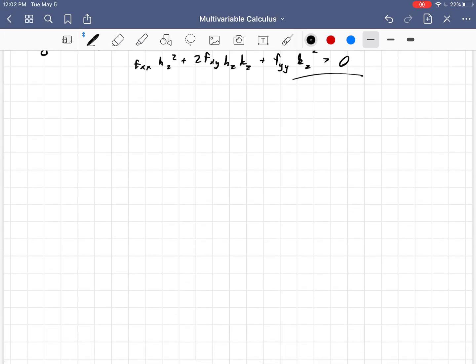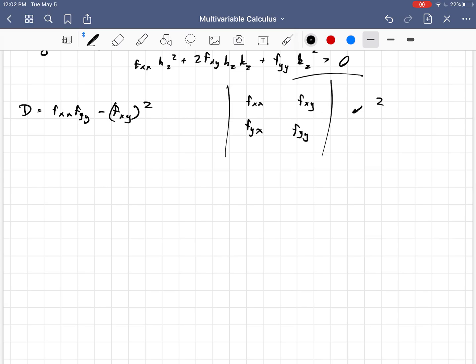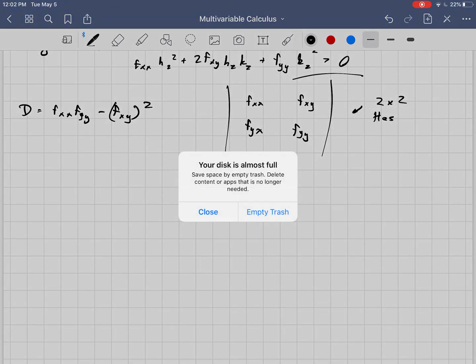this D here, which, if you recall, is f sub xx, f sub yy minus f sub xy squared. It looks like a determinant, right? It's the determinant of the matrix f sub xx, f sub yx, f sub xy, and f sub yy, which is just a 2x2 Hessian matrix.